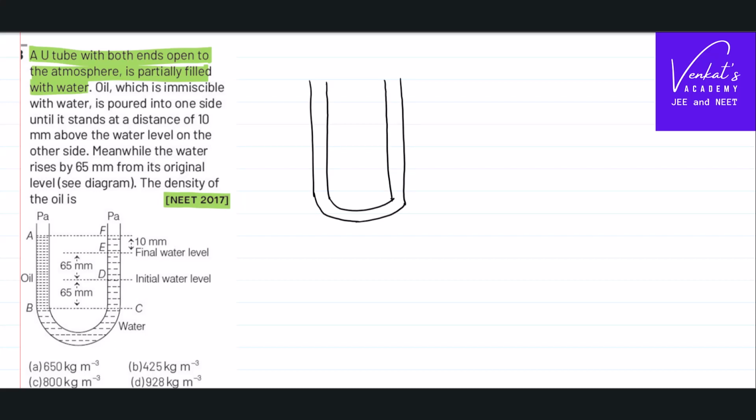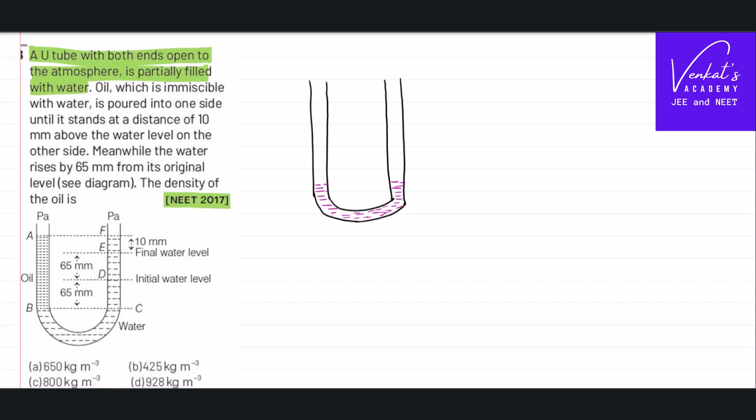Both the ends are open to the atmosphere. So let me draw the water. As it is partially filled with water, water adjusts in the U-tube in such a way that initially water levels are the same in both arms. Like this. This is how water is filled.